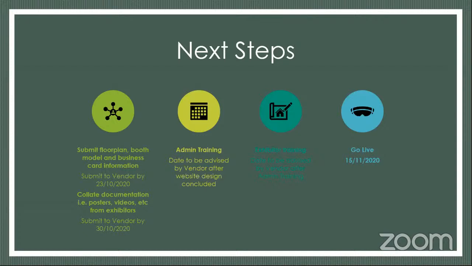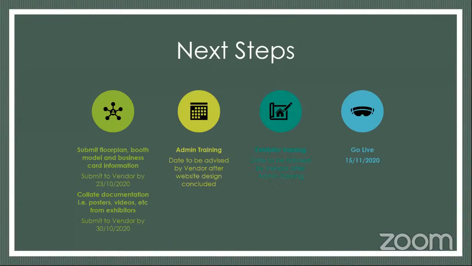We're also collating other information, which are the posters and videos. Once all of these are uploaded, there will be an admin training. That means the exhibition team will also be able to help guide people in using the exhibition part of the website.